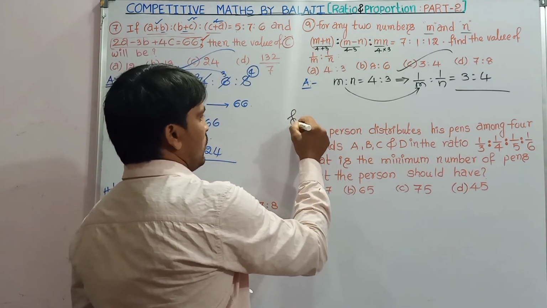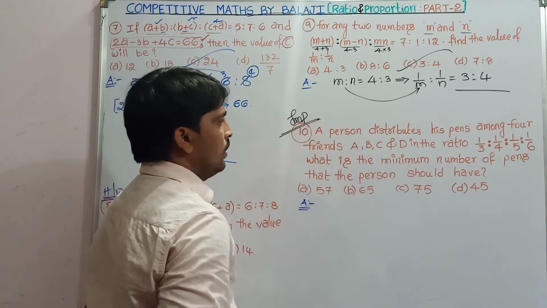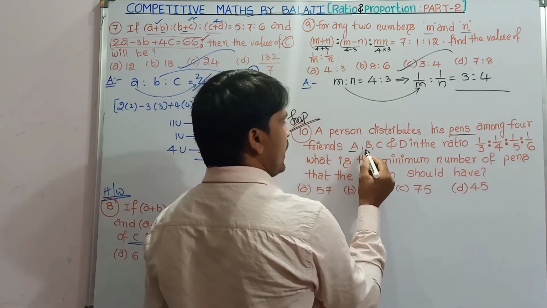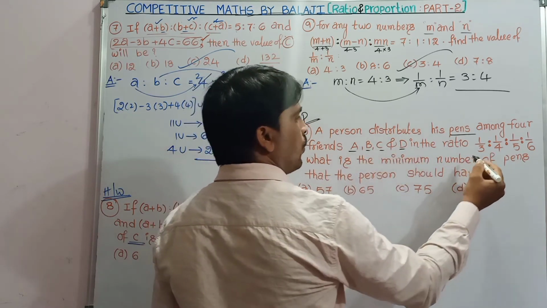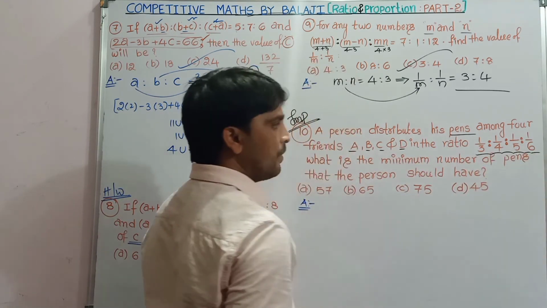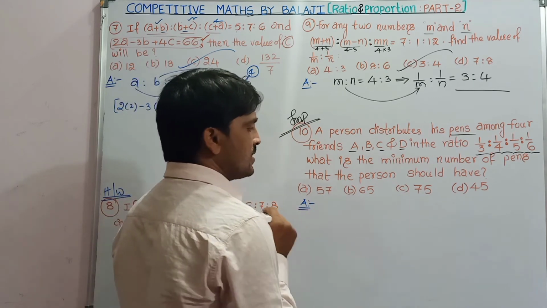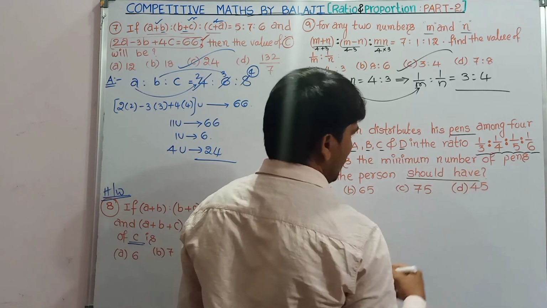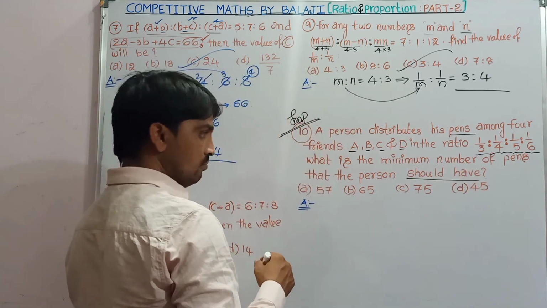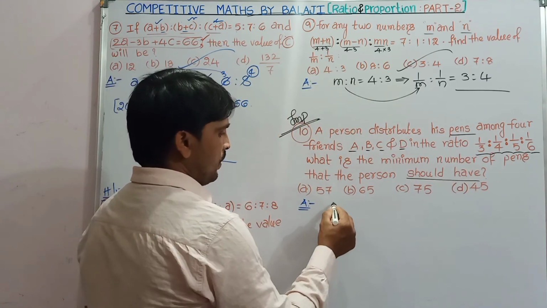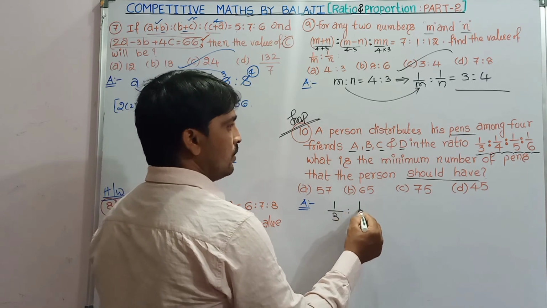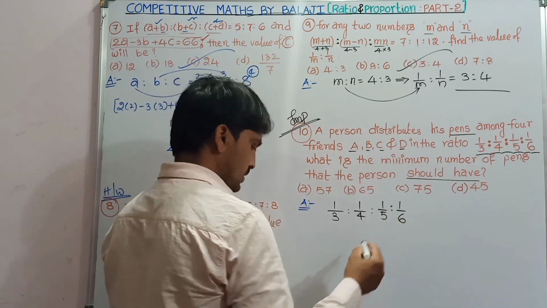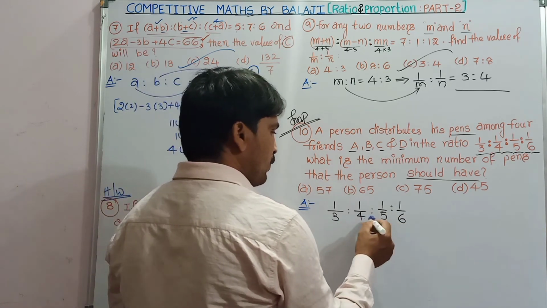Important. A person distributes his pens among 4 friends A, B, C, D in the ratio 1/3 : 1/4 : 1/5 : 1/6. What is the minimum number of pens that the person should have? Let us see. That is the sum of the ratios, but the ratios are given in fractions. Find the LCM of 3, 4, 5, 6.